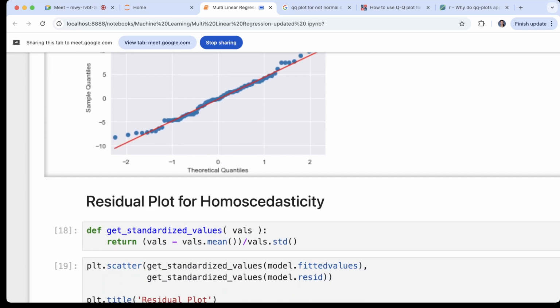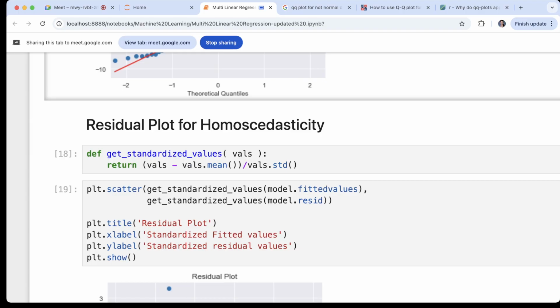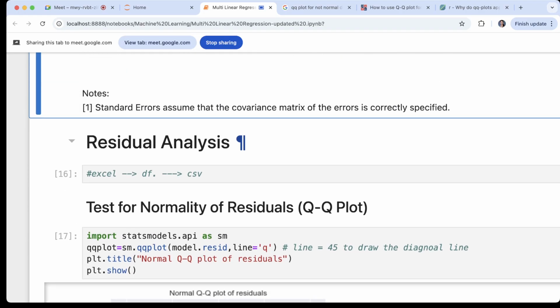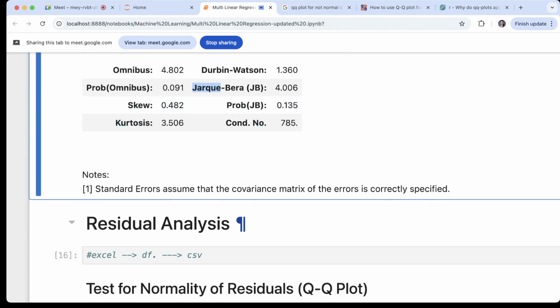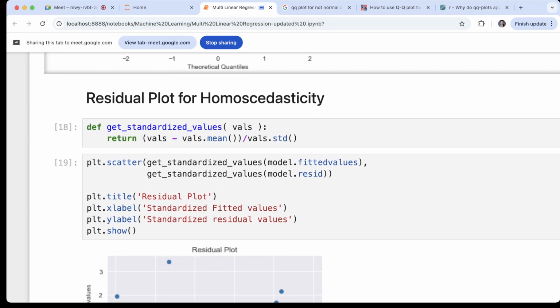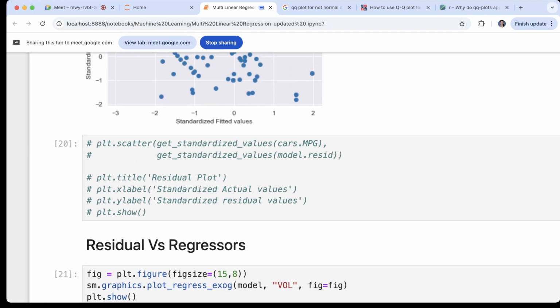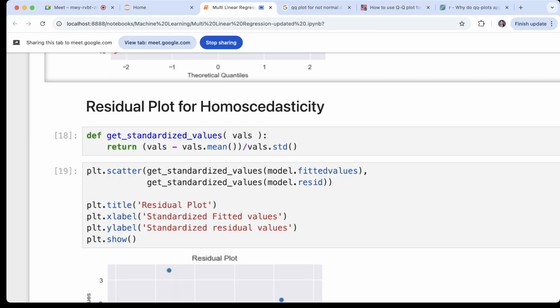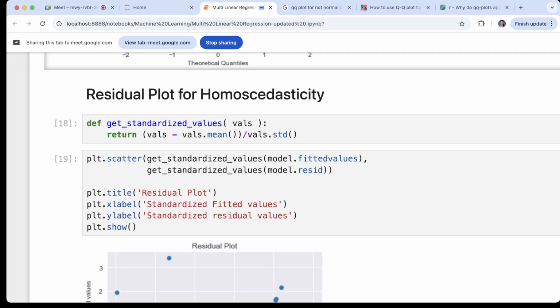So now we will look at the next assumption. There was one more, right? Let us do that next. Okay. So the next one was homoscedasticity. Our variance in the error should not be changing, so variance should be constant.